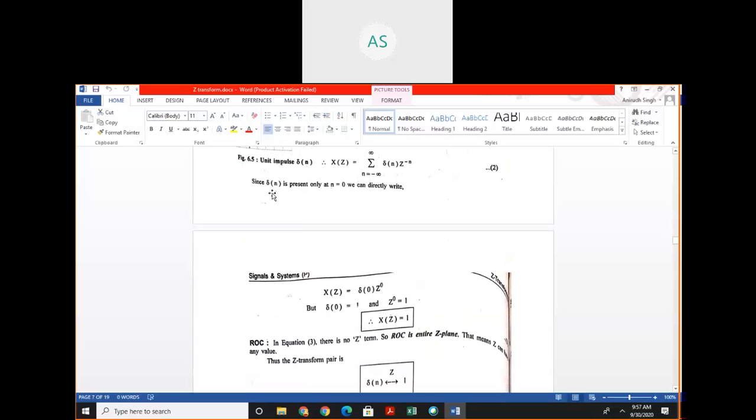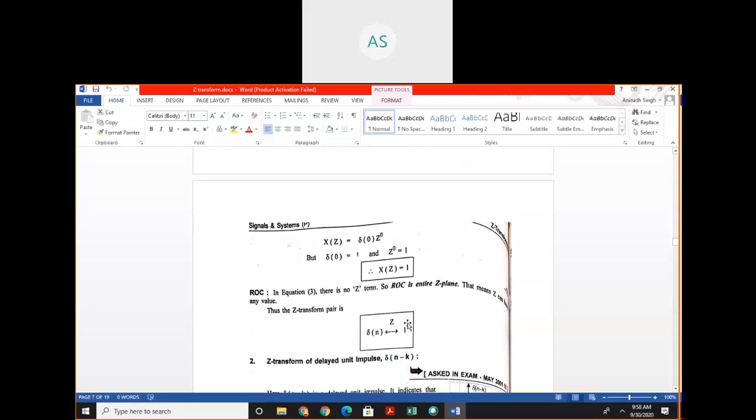Here x of n is delta of n, then x of z is equal to summation delta of n multiplied by z raised to the power minus n.